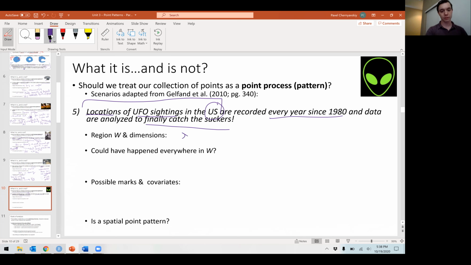Some subset of the US. Could our locations have happened everywhere? Well, I'm no UFO expert, but we're not talking about a UFO landing on Earth. I think we could probably say it is possible for a UFO to come down and land on Earth.